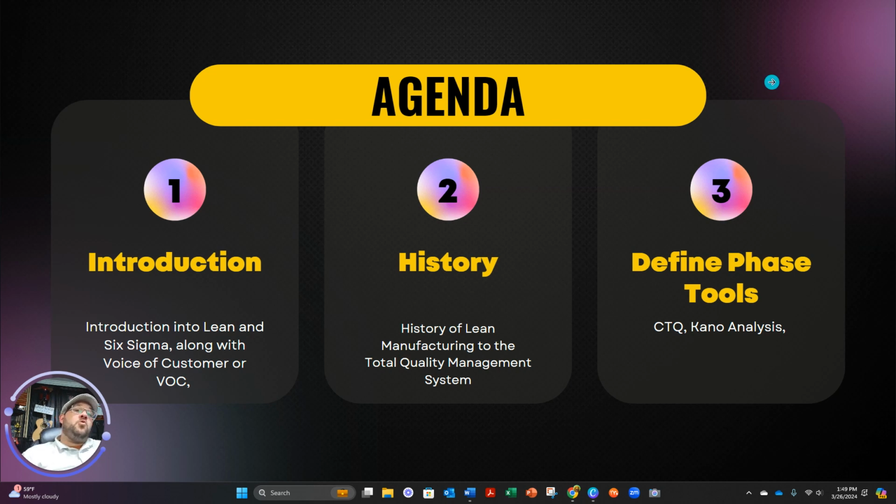In the next module, we'll go over the history of lean manufacturing and develop it in a way to look at from lean manufacturing all the way to total quality management systems. We'll hear things about Toyota as well as Ford, and we'll talk a lot about Henry Ford's involvement in helping make industries in other countries that we are at war with more efficient, utilizing Lean Six Sigma principles.